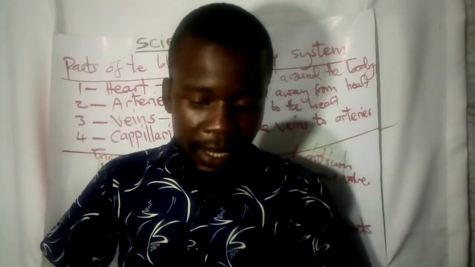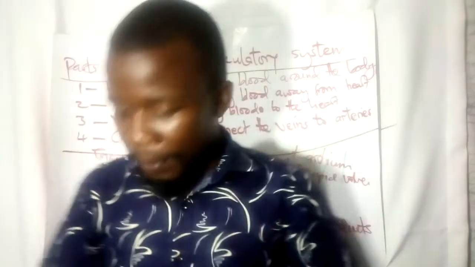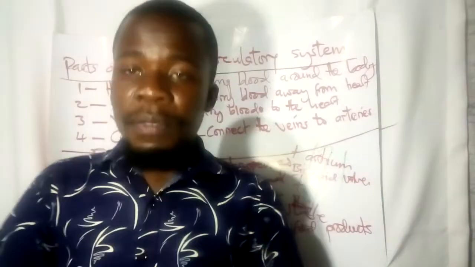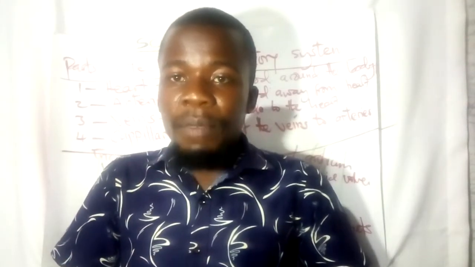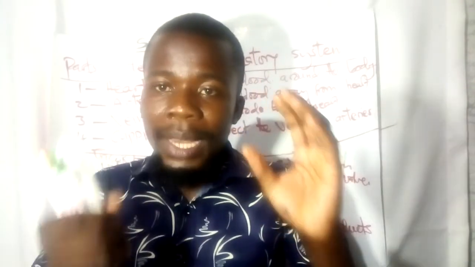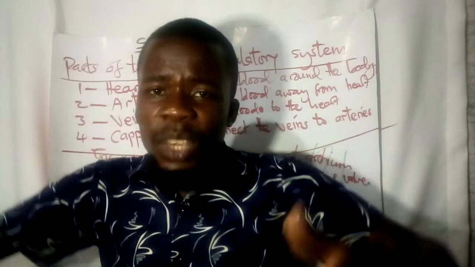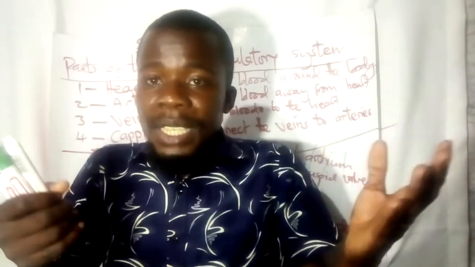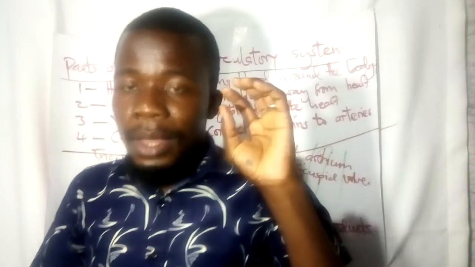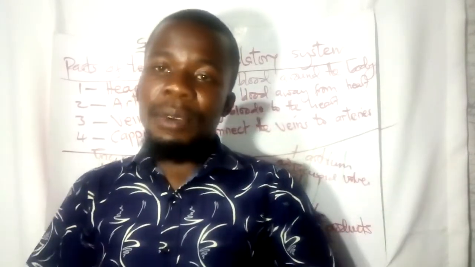We have seen the diagram or a drawing of the heart. We have seen the drawing of a human heart, and we have labeled the parts of the human heart. We have discussed how blood circulates around the body, and we have discussed the things that happen as blood circulates around the body.